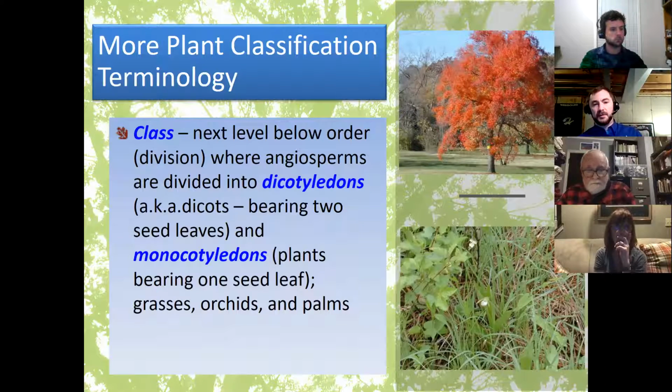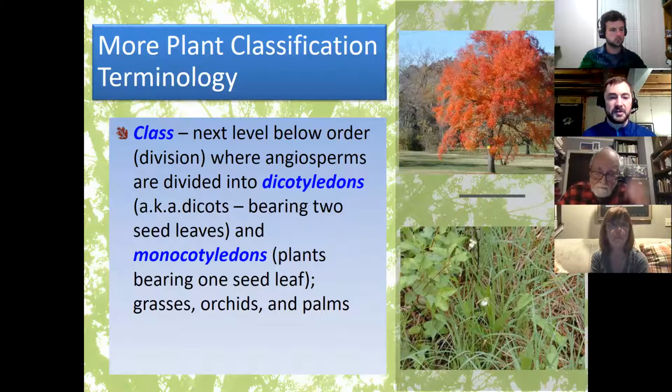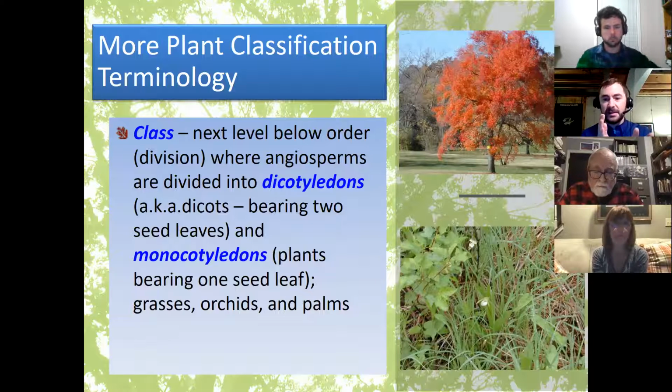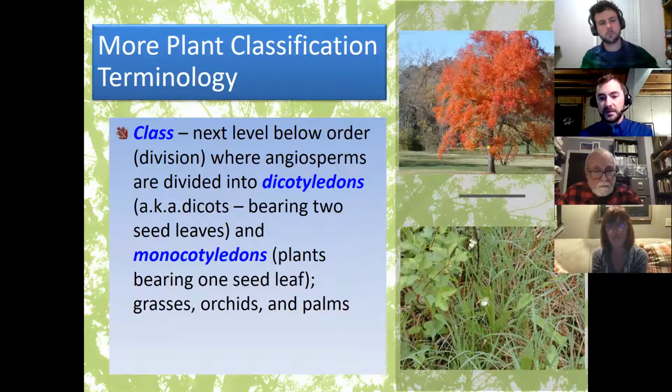Below that, you have kingdom, phylum, and then class. And that's a division where, within, say, angiosperms, you move into what are known as dicots, dicotyledons, and monocotyledons. So here we can think in real world terms: almost every tree you've seen is a dicot.